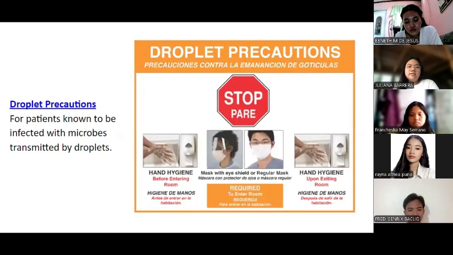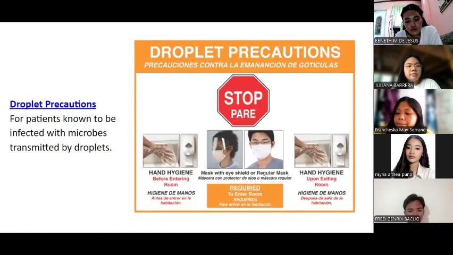Next. For droplet precautions naman, these must be used for patients known or suspected to be infected with microbes transmitted by droplets. So droplets are produced primarily as a result of coughing, sneezing, and talking, as well as during hospital procedures such as suctioning and bronchoscopy.